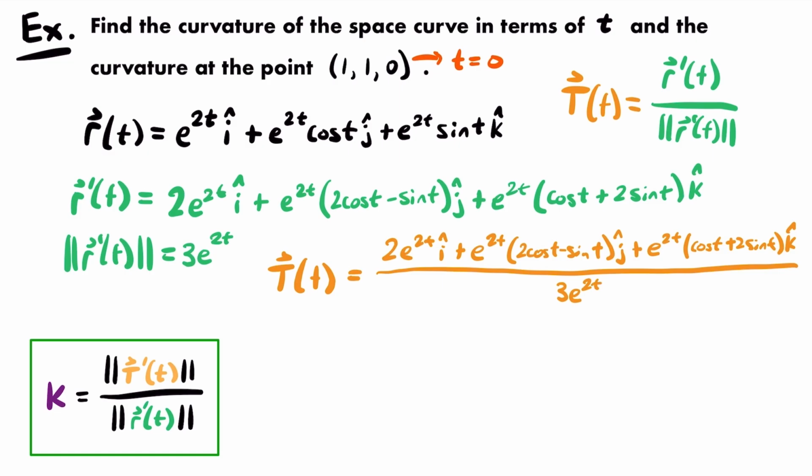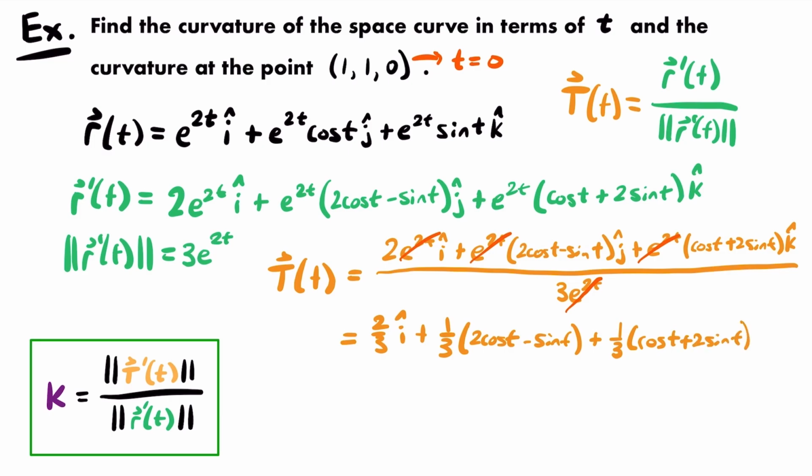And so that e to the power of 2t cancels out with each of those e to the power of 2t's that are factors of the x, y, and z components of that vector. So simplifying, we just get 2/3 times i plus 1/3 times 2 cosine t minus sine t plus 1/3 times cosine t plus 2 sine t.